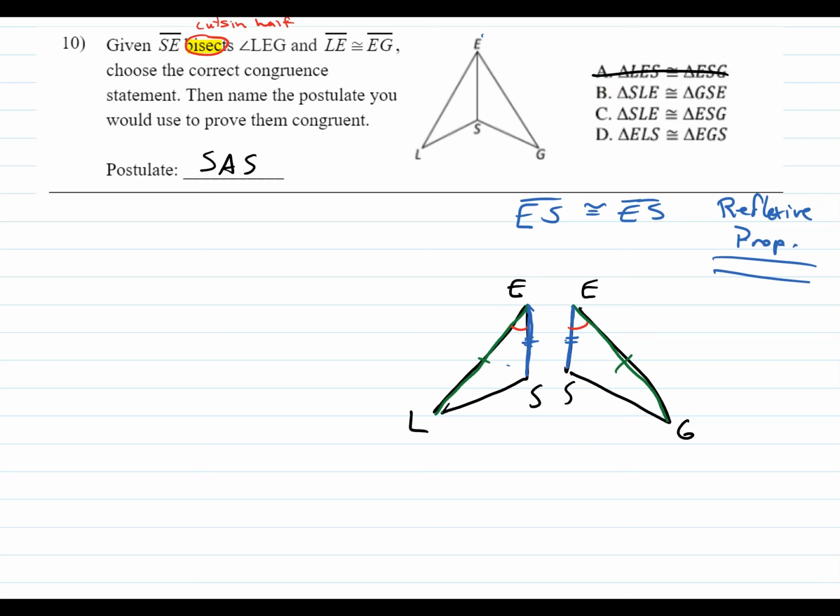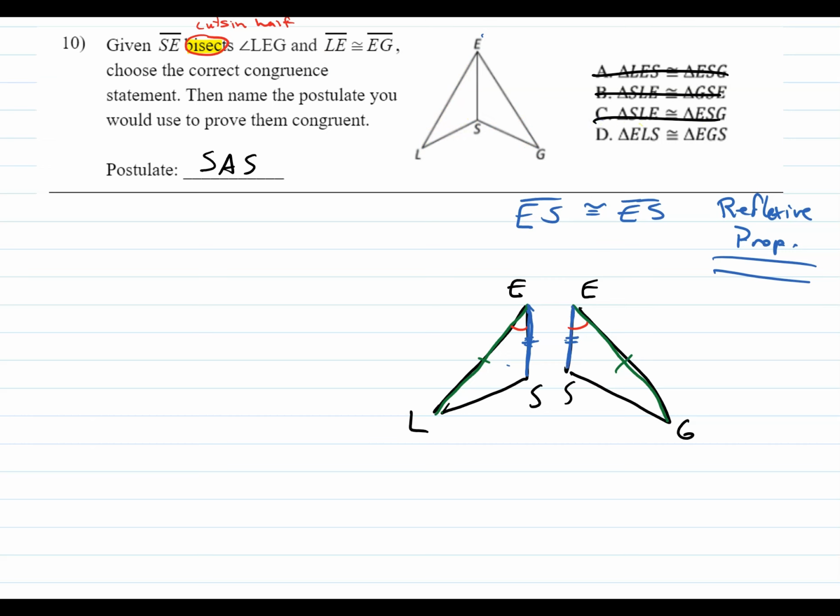For part B, SLE, so we start at S. For the other triangle, it goes GSE, and right away I can see that these are not going in the same order. This one started at S, and the other one started at G. Part C, SLE is congruent to ESG, so that is SLE is congruent to ES. These are not in the same order, so again, cross that one off the list.